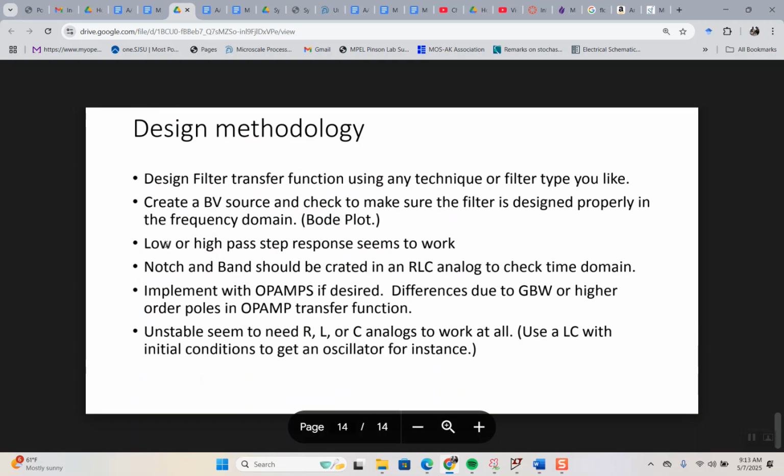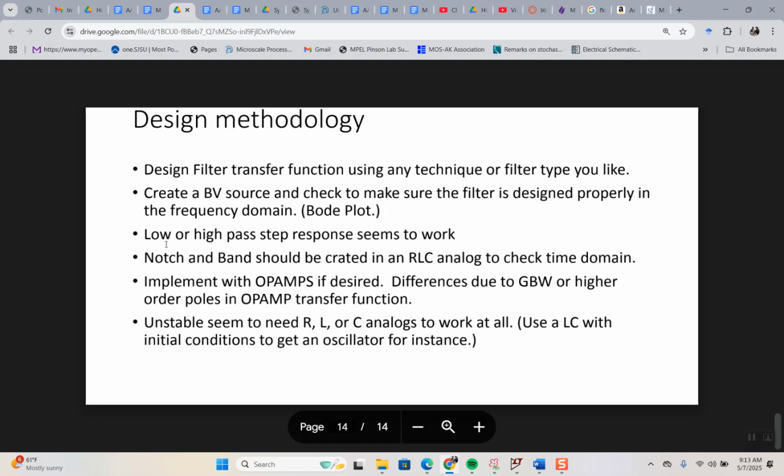So if you want, you design your filter using any kind of filter you want. You create a behavioral voltage source and check the Bode plot. If you're using low or high pass, the transient will work right away. The notch and bands, use an RLC to check the time domain. And then you implement with op amps. Because there is no ideal op amp in LTspice, right?